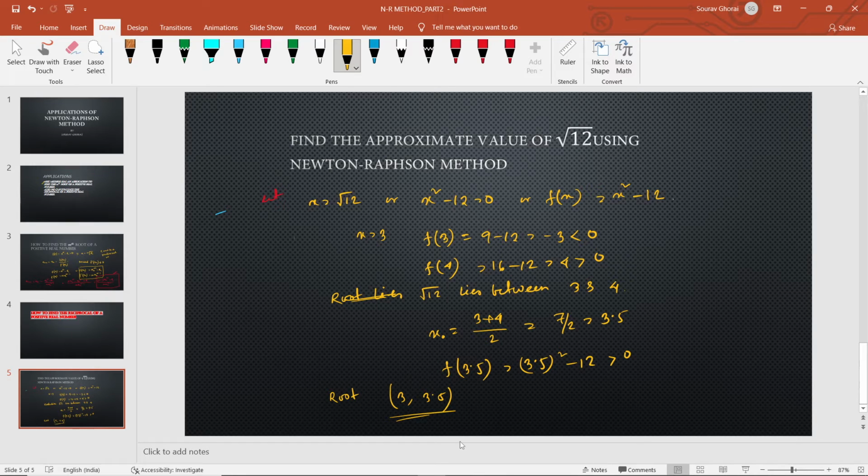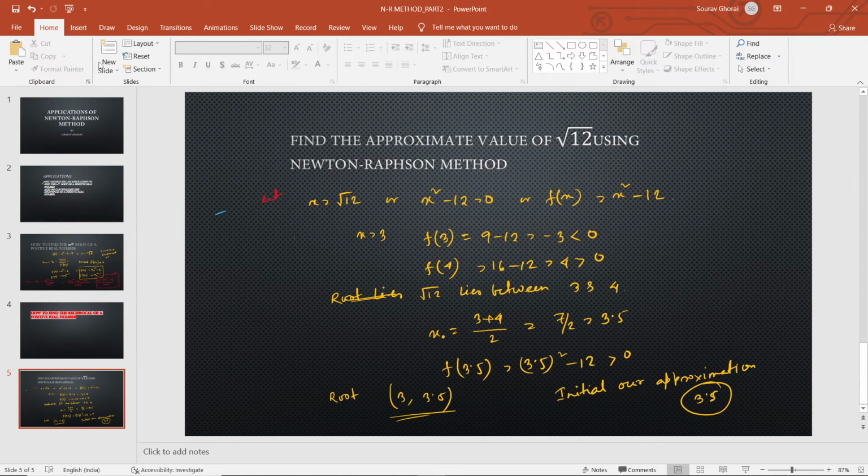Here we can set our initial approximation as 3.5.